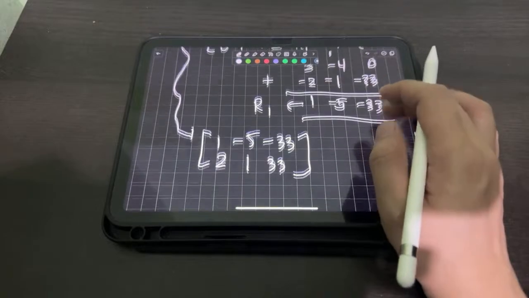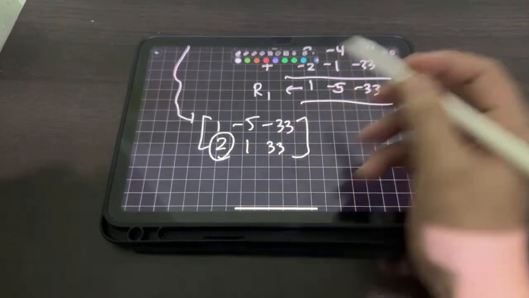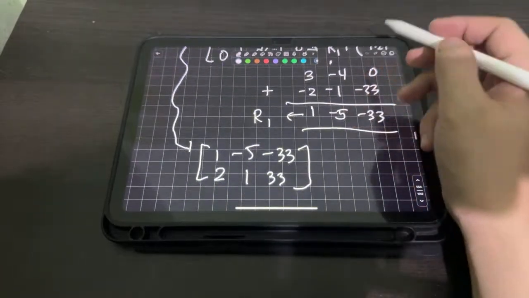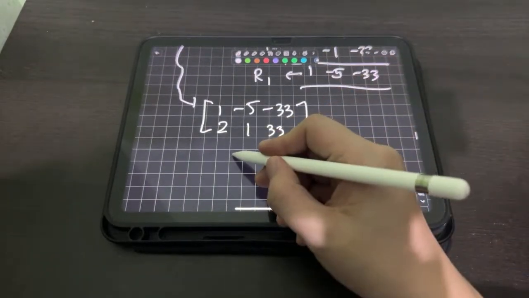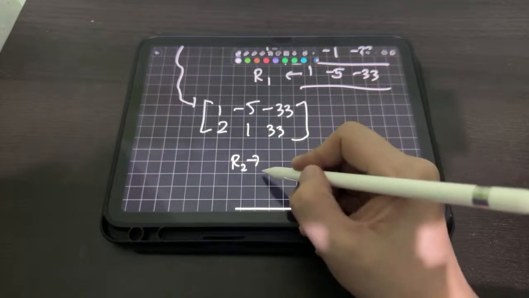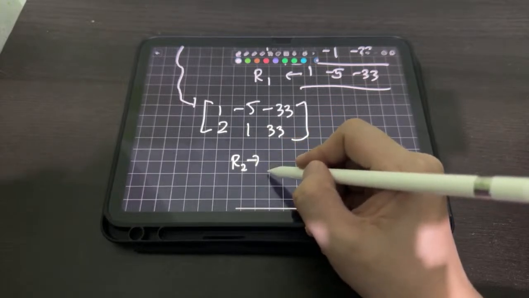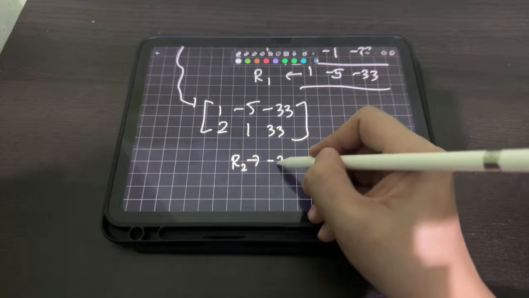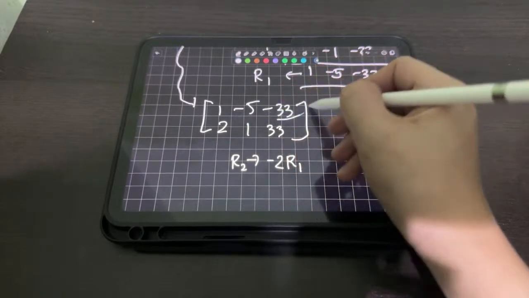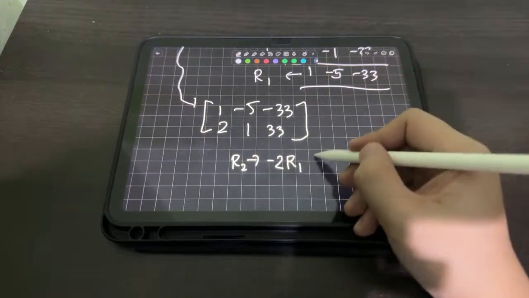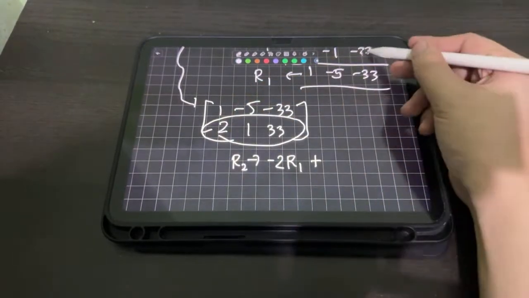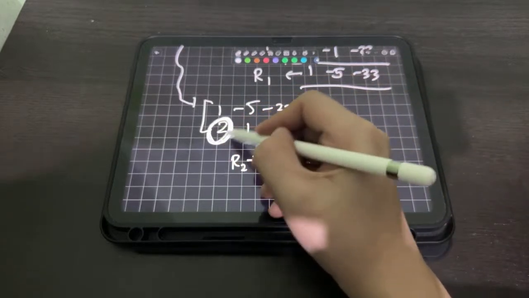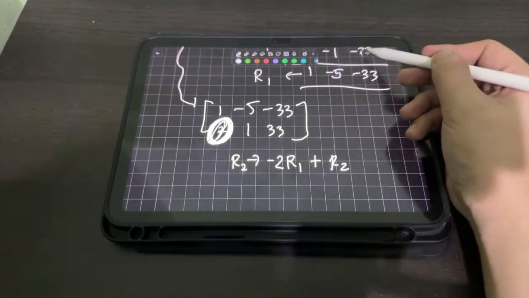Next, we try to make this entry become 0. So again, for the new entries in R2, we multiply negative 2 times R1 plus R2, so that the entry here will become 0.